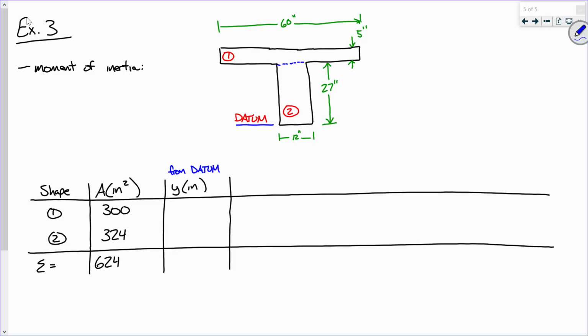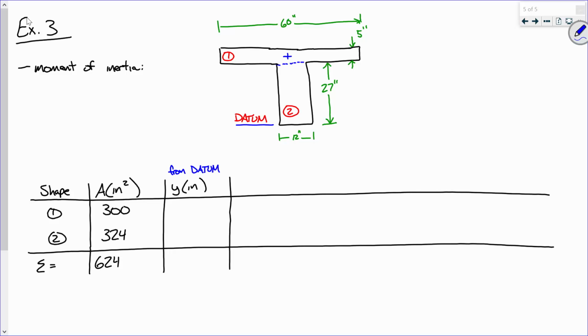What I'm trying to determine is how far it is from the datum to the centroid, to the center of that first rectangle. So I'll walk you through this one. If I'm at the datum and I want to get to the centroid, which is somewhere about right there, how far is it from the datum to that centroid? 29.5. I go 27 and then half a 5, so 29.5.